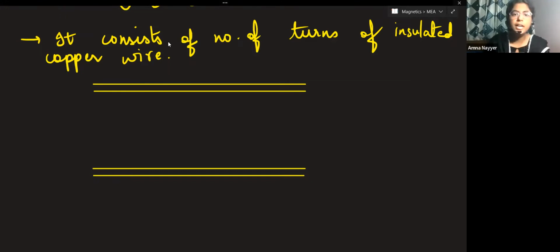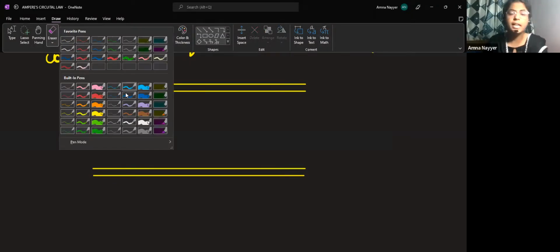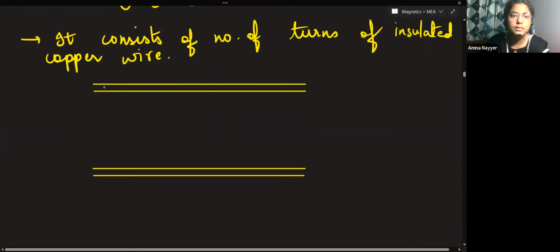See, at one end I'm showing where the magnetic field is coming outwards, so I'm representing that with the help of dots. Dots are used to represent magnetic field lines that are outwards, and crosses are used for inwards. So this will help us to calculate.